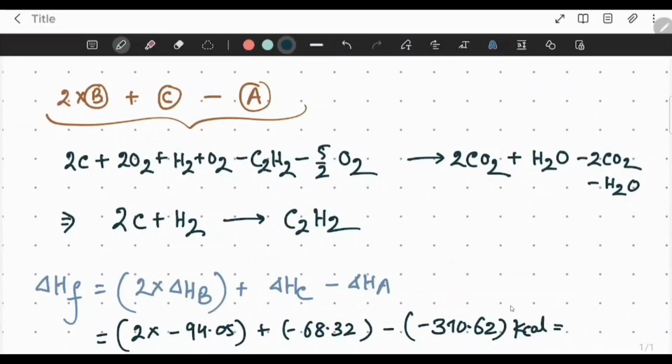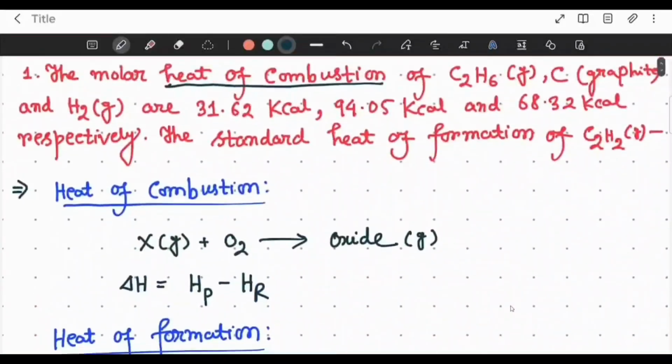So let me sum this. It will be minus 2 into 94.05 minus 68.32 plus 310.6. Okay, so it is 54.20. This will be our heat of formation for C2H2. Okay, so this is the procedure basically. So you have to follow this procedure to solve this type of question. Okay, so now going into question number 2.